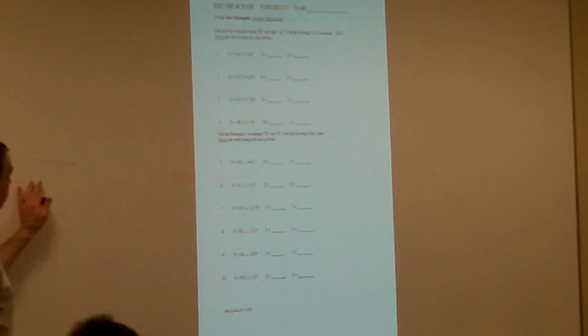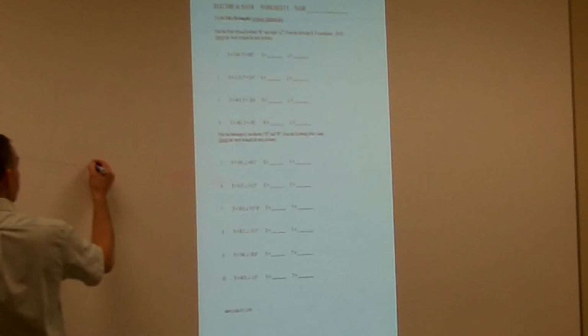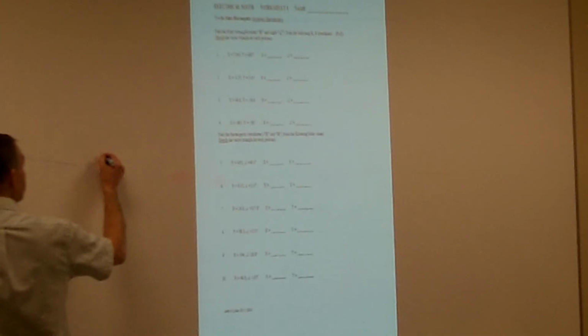So if you work with vectors, then you know that we have quadrant 1, quadrant 2, quadrant 3, and quadrant 4. And each one of these quadrants is also going to be represented by a certain amount of degrees.